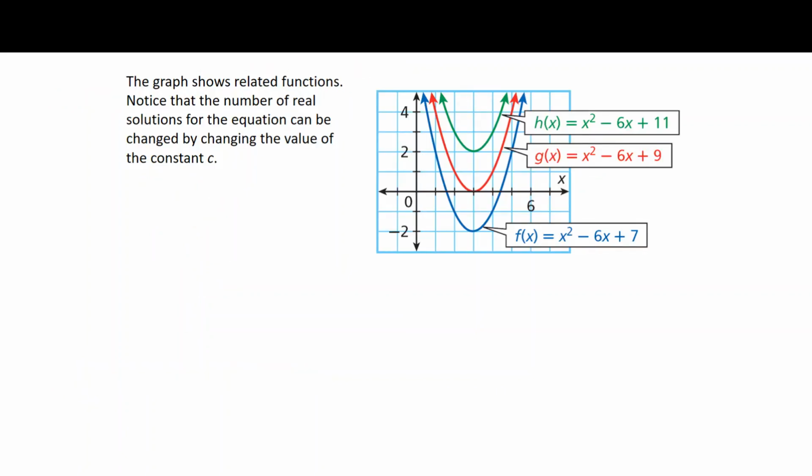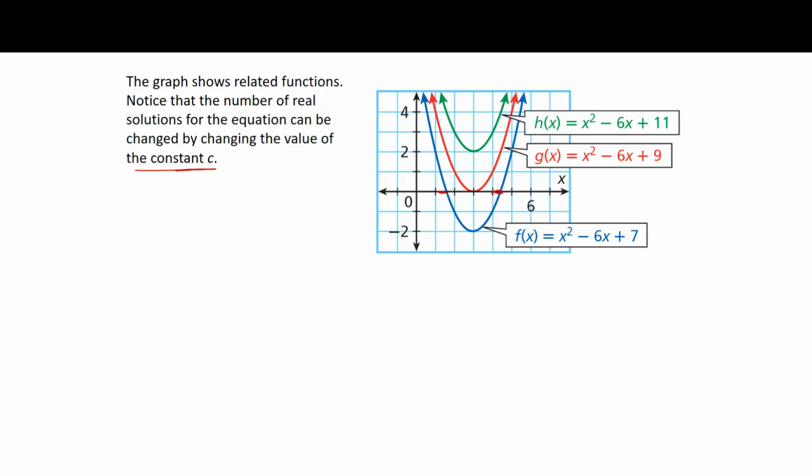Okay, and once again, one little thing for you to remember, you've seen me drawing these parabolas a lot. The graph shows related functions. Notice that the number of real solutions for the equation can be changed by changing the value of the constant c. So in this equation, x squared minus 6x plus 7, we actually have 2.